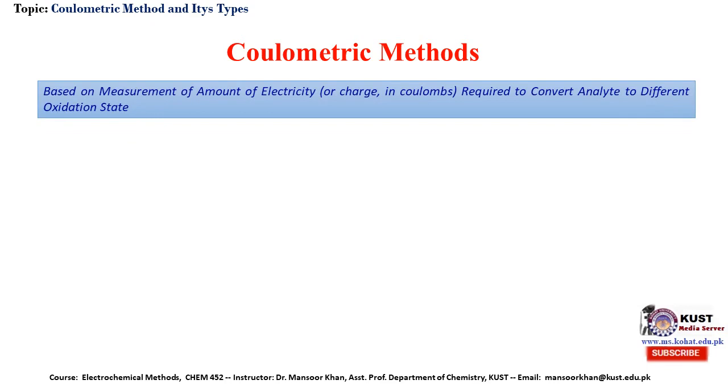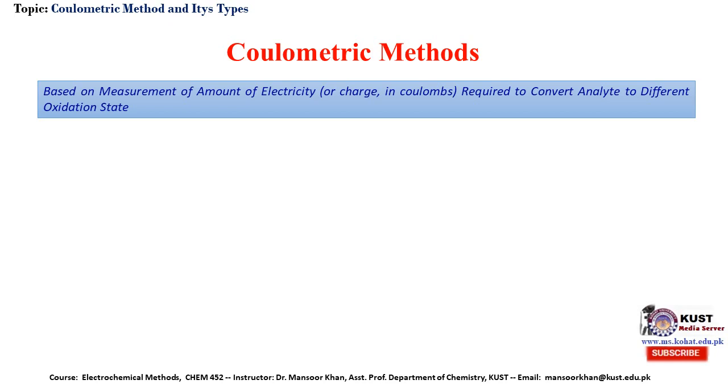It is a quantitative electroanalytical technique in which the amount of an analyte is measured by measuring the amount of electricity which is consumed to convert a particular amount of analyte present in one oxidation state into another oxidation state.